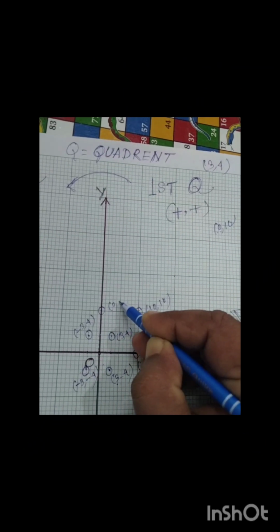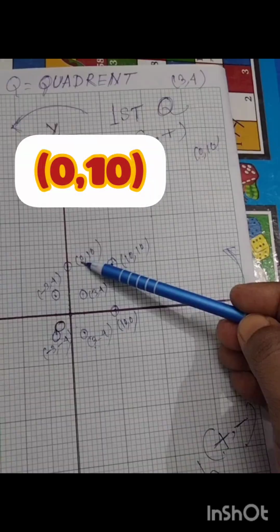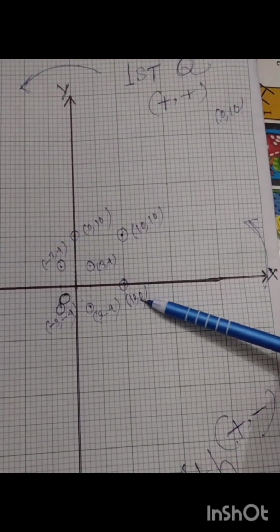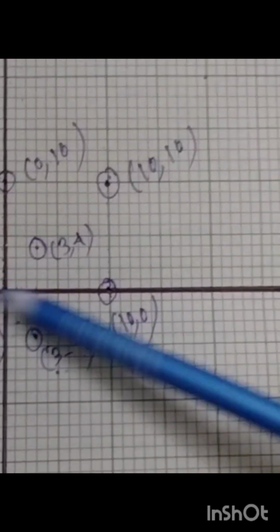This is (0, 10). Here we can easily understand that when x is equal to 0, the point lies on the y-axis, and when y is equal to 0, as in the case of the point (10, 0), the point lies on the x-axis.